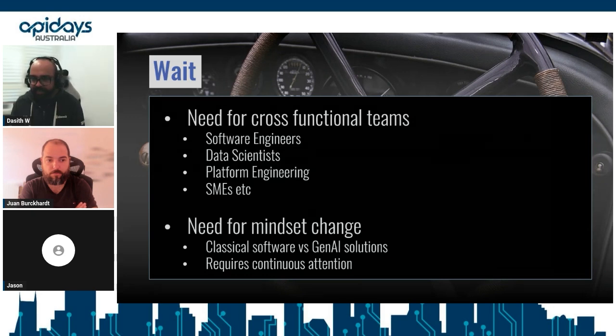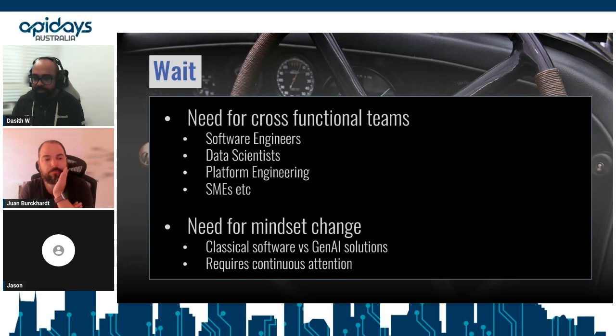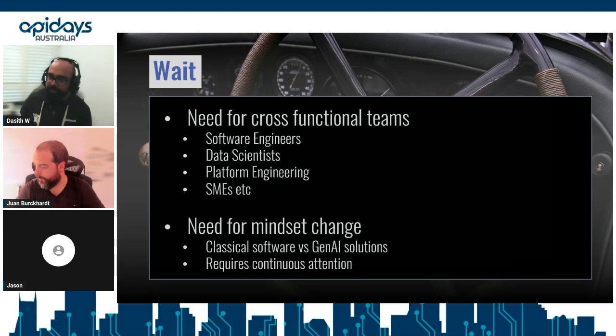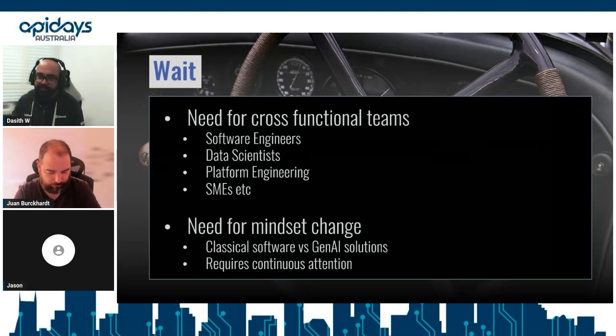You need data scientists because they will allow you to frame your questions the right way, do the experiments in a scientific way, and subject matter experts will allow you to give business value back and not build some gimmicky LLM application. And the platform engineer, of course, allows you to build observability and run these expensive solutions in production.